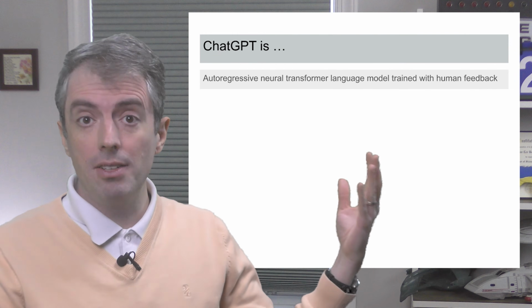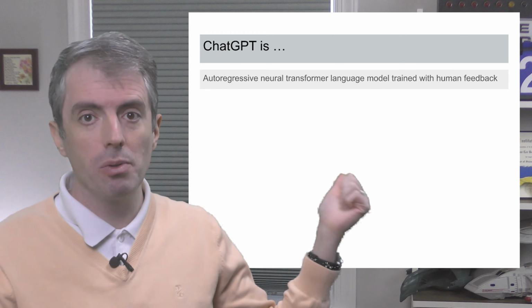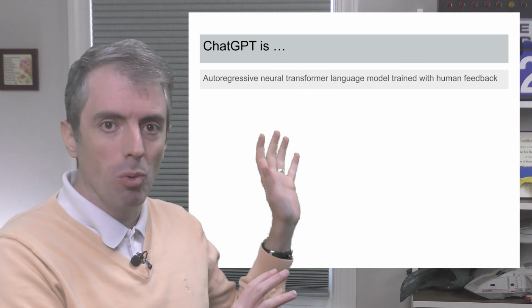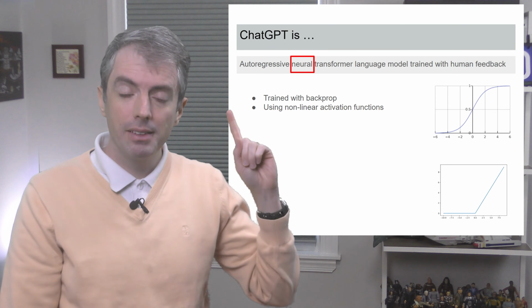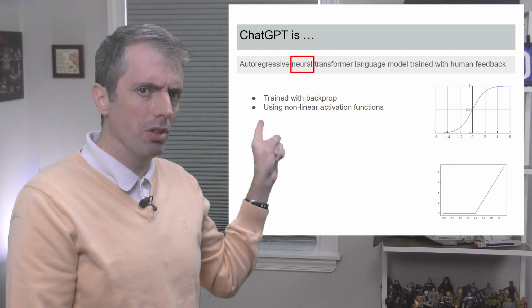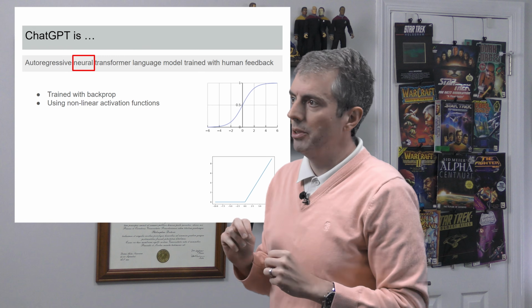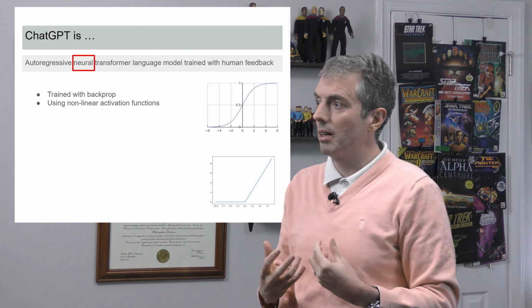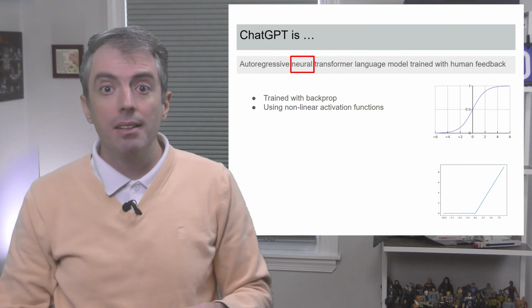You could define ChatGPT as an autoregressive neural transformer language model trained with human feedback. Now that's a lot of fancy words. Let's drill down into some of these one at a time. First, let's focus on the neural bit here. There are two things that made the neural revolution possible and allowed us to create modern neural architectures: nonlinearities and distributed representations.